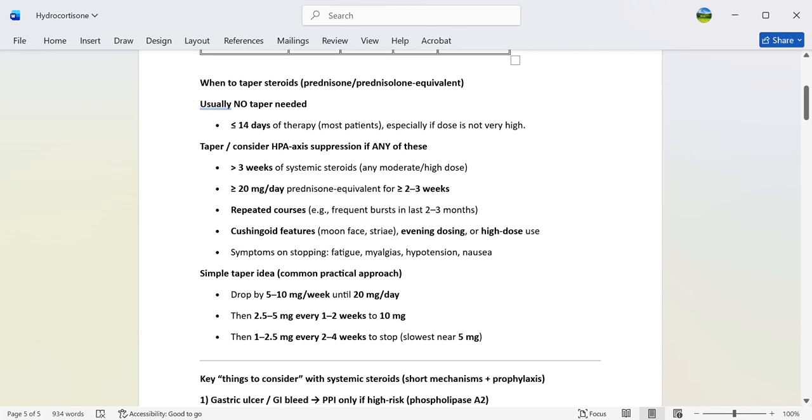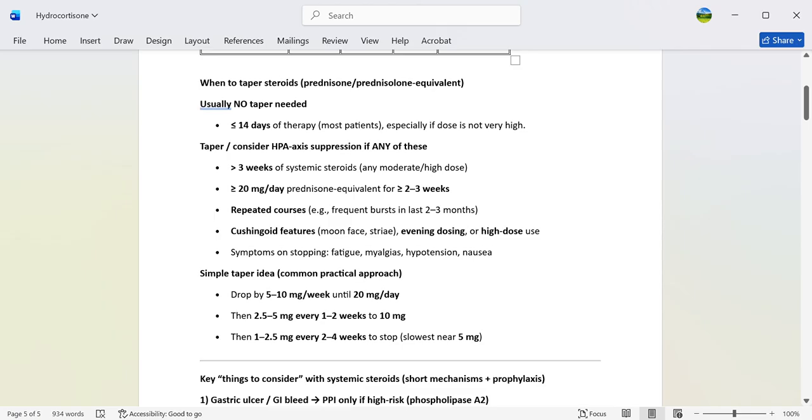Now, how should we taper? It varies, but the general concept is this; here I am discussing how we should taper prednisolone. So if your cumulative dose of prednisolone for a single day is more than 20 mg per day, then we reduce the dose by 5 to 10 milligram and stay on the same dose for the rest of the week.